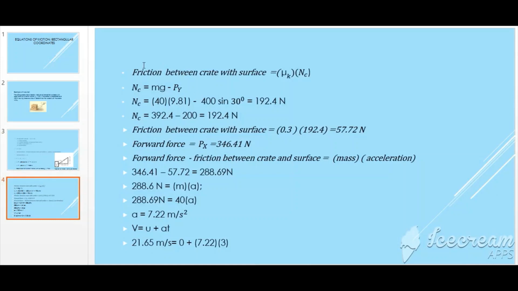Okay, the friction force between the crate and the surface is equal to the coefficient of friction times the normal force of the crate.